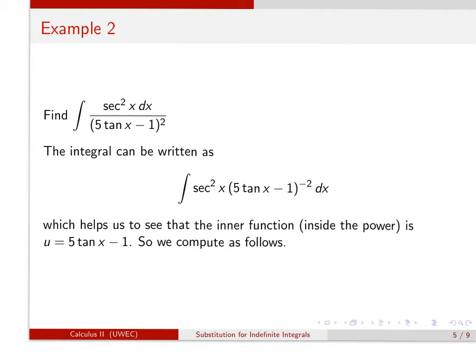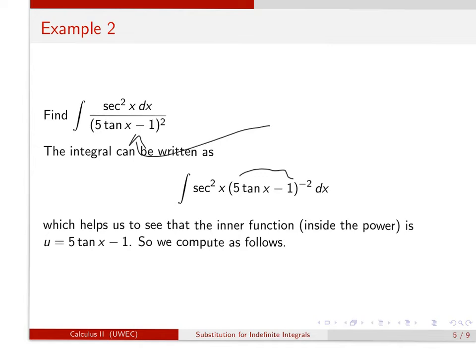Now here's a second example, a little bit more complex. We see here the 5 tangent of x minus 1 is an inner function inside the square function down in the denominator. So if we rewrite the integral, it's a little more plain, again, that 5 tangent of x minus 1 is an inner function inside of the minus 2 power there.